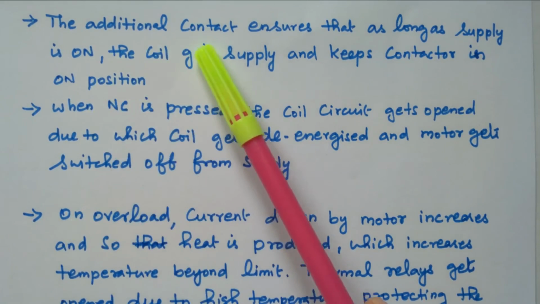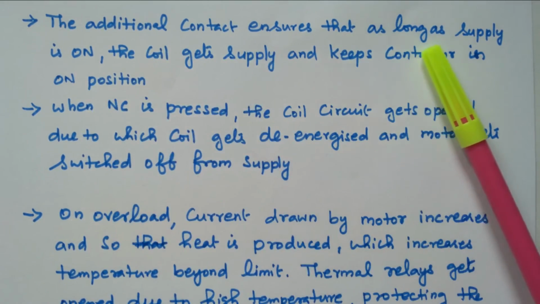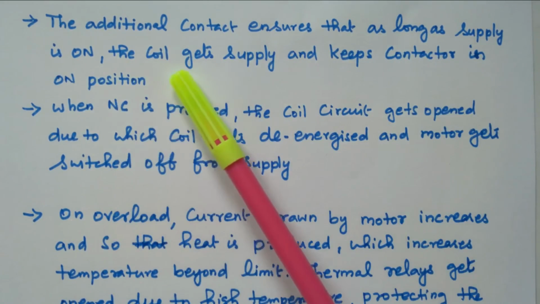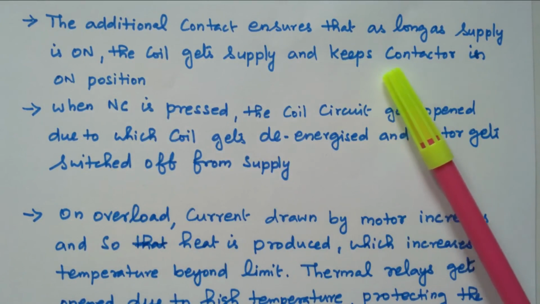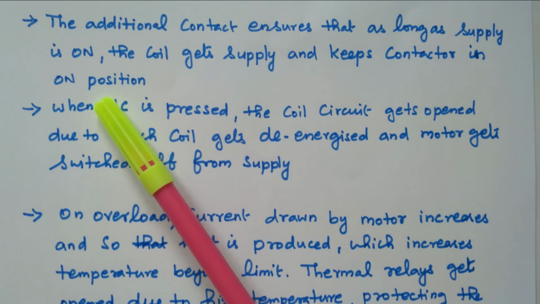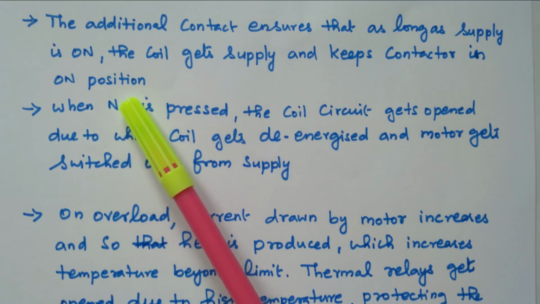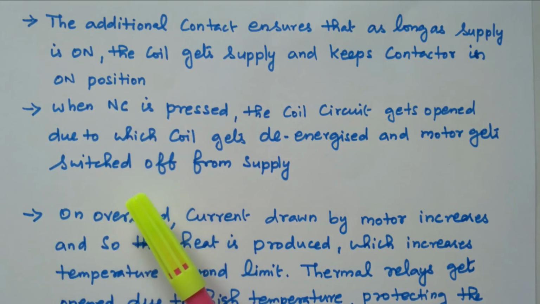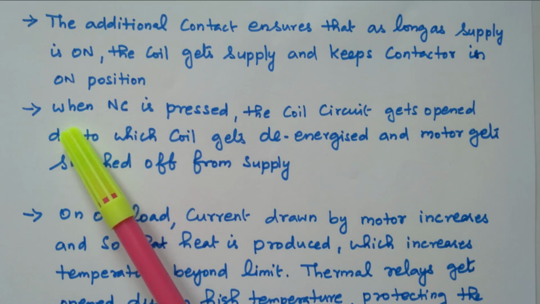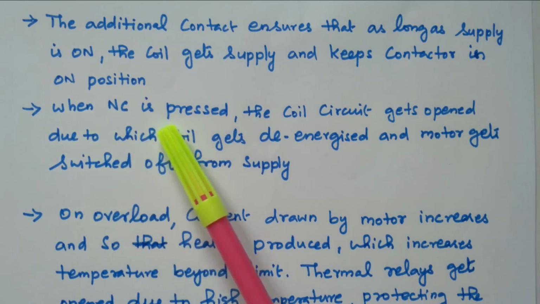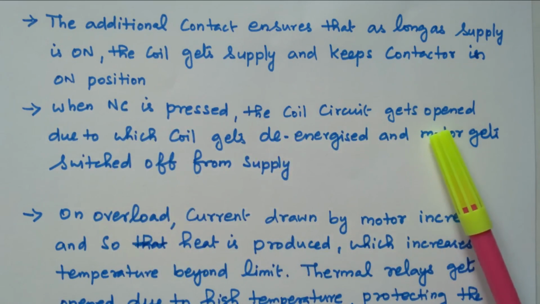The additional contact ensures that as long as the supply is on, the coil gets the supply and keeps the contactor in the on position. So the supply is given through the magnetizing coil, so it is always in energized condition, so it keeps the motor in on condition. Suppose if you want to disconnect, then when NC is pressed, normally closed, the coil circuit gets open.